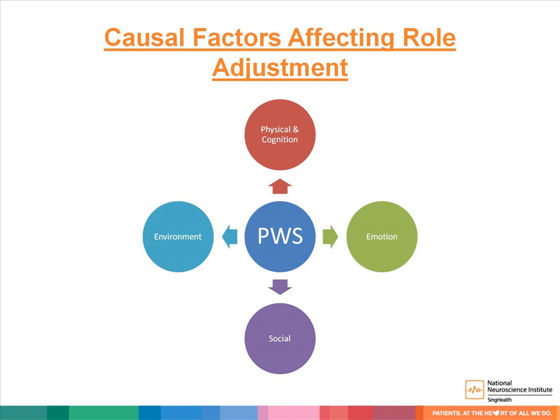This slide outlines the various factors affecting post-stroke role adjustment. These 4 indicators impact a stroke survivor's functional recovery and reintegration back into the community.